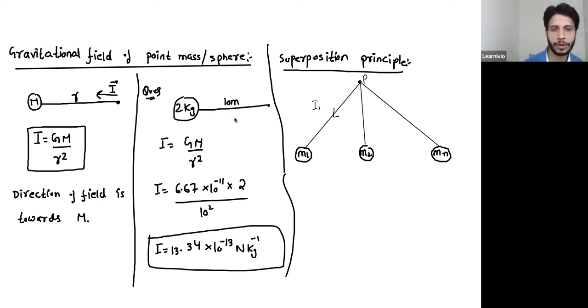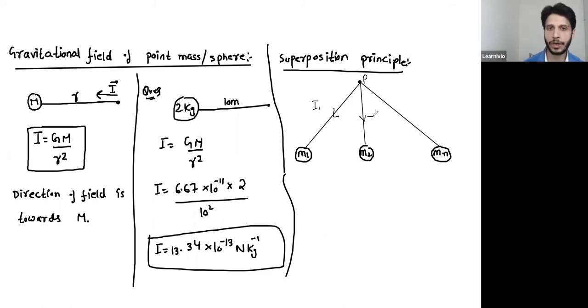See, for calculating field, you don't need a second mass. Field is a property of a single mass only. If you have this relation, you don't need another mass. Only due to 2 kg, you can calculate field.